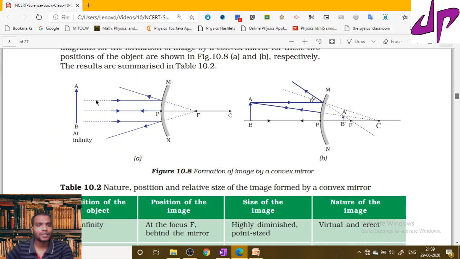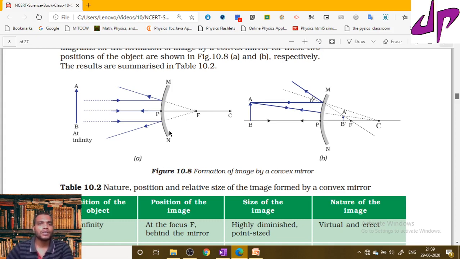If you place an object in front of a convex mirror at infinity, a convex mirror always forms an image inside, which means on the other side of the object.